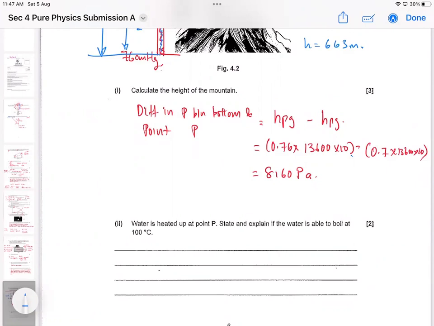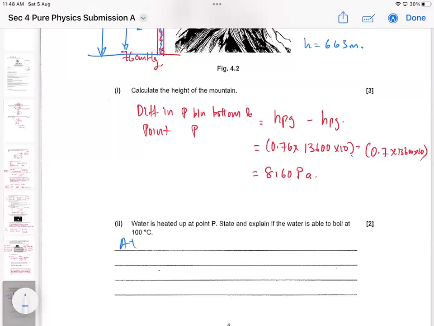The boiling point will be higher, lower, or the same at point P. And a simple reason why. Okay, BP decrease is correct.